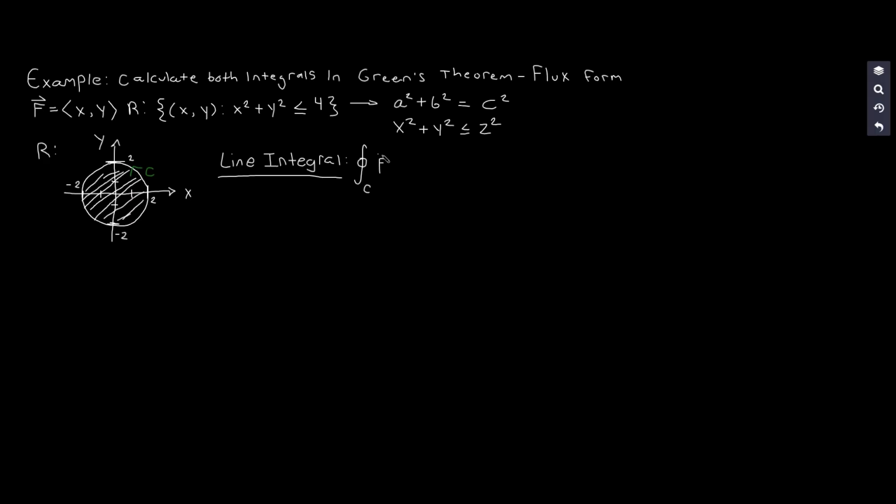That is, vector F times the normal vector, and this is going to equal F dy minus g dx.